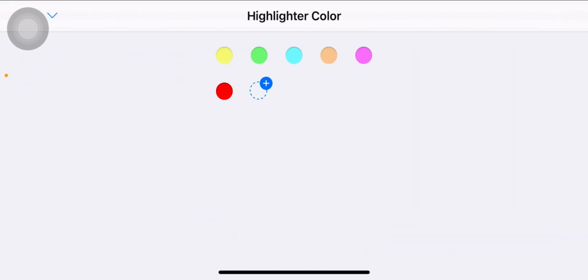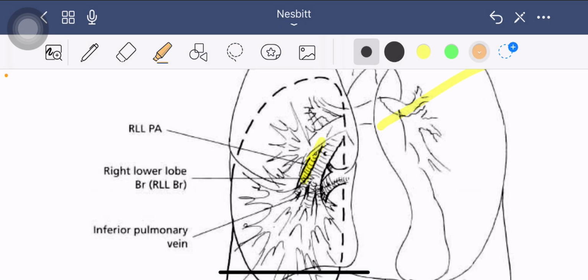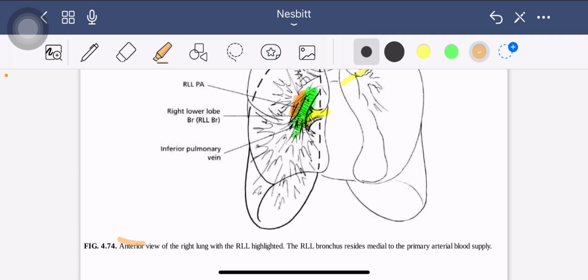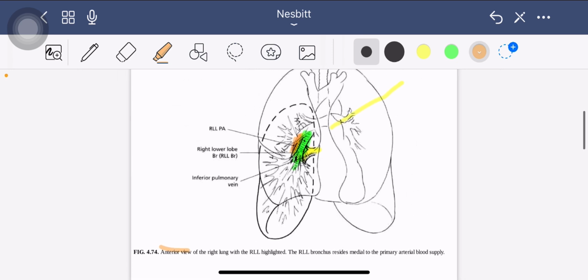The artery we will color red. And this is the right lower lobe bronchus, and this is the inferior pulmonary vein. So this is the bronchus, the right lower lobe bronchus, and this is the right lower lobe pulmonary artery.